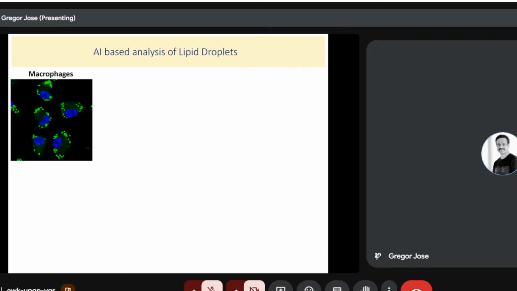People have shown that these macrophages are also involved in atherosclerosis or heart diseases. The idea is that in heart disease, these macrophages go everywhere, especially in the heart. It eats lipids and becomes very fat and just gets deposited on the blood vessels.